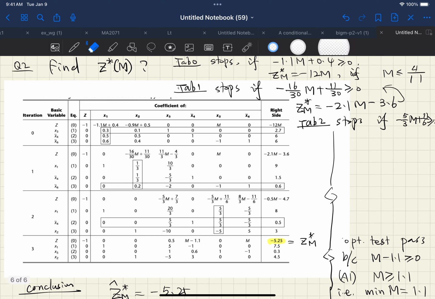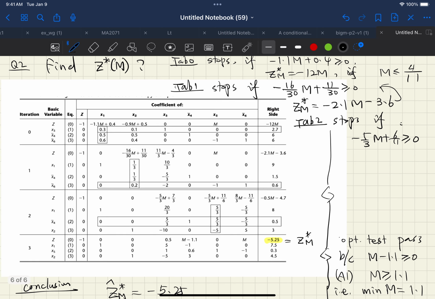I need more space. So negative 5.3M plus 6/11 greater than or equal to 0, and ZM star equals negative 0.5M minus 4.7. Now tableau 3 is already given here. This is tableau 3. Tableau 3 stops. All right, we are going to stop here.